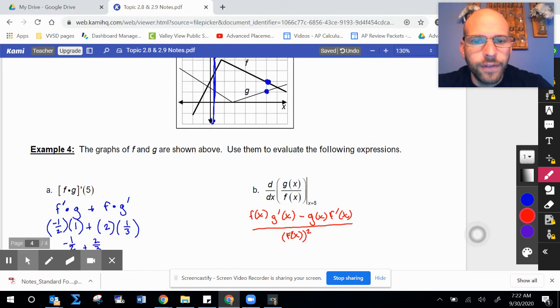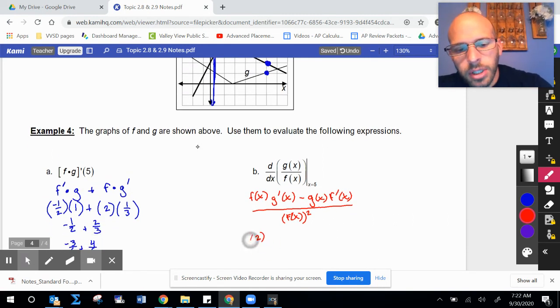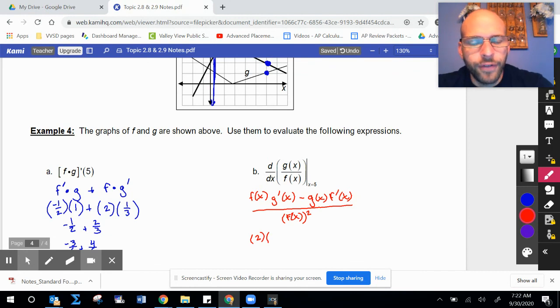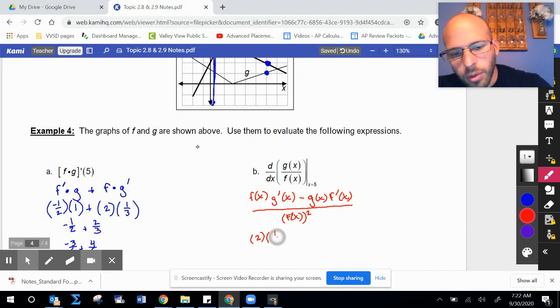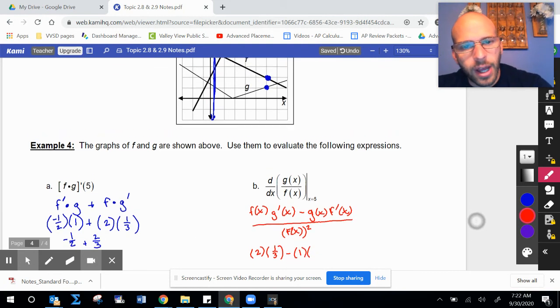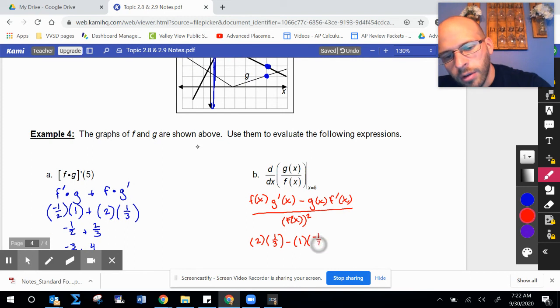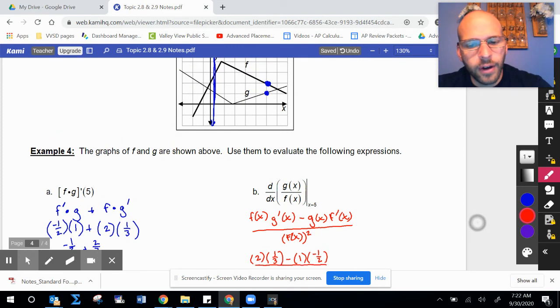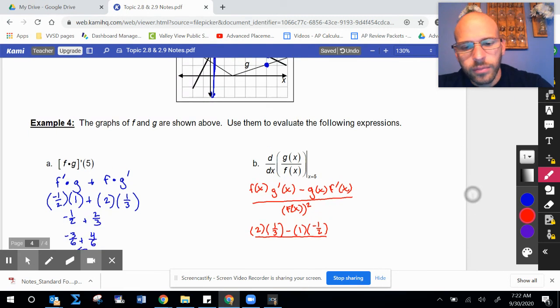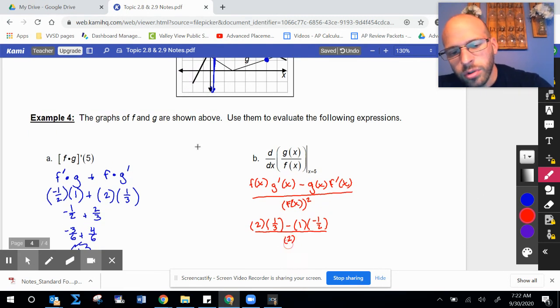So f of 5 seems to be 2. g prime of 5 is going to be a 1/3 minus g of 5, which was 1, times f prime of 5, which looked to be a negative 1/2, all over f of 5 squared. So 2 squared.